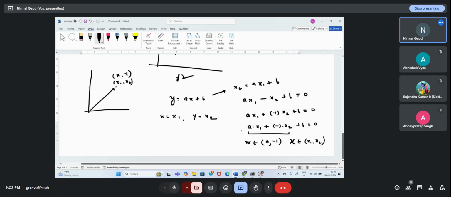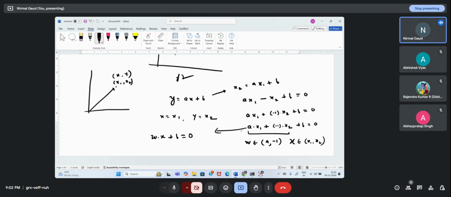So this is the dot product of w and x, two vectors, plus b equal to 0. So this is the equation of hyperplane. Okay, fine. Very much important.